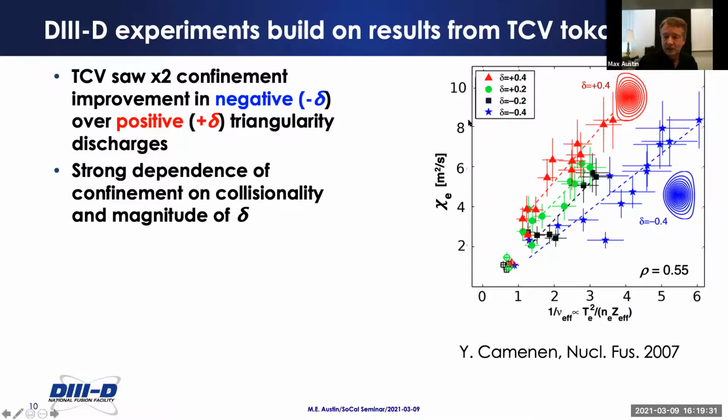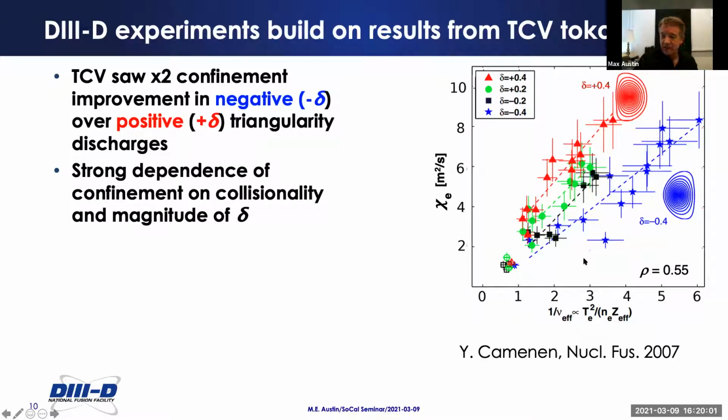And shown here is a plot of diffusivity versus inverse collisionality for a set of discharges where they changed the triangularity from strongly positive values to negative values. They saw roughly a factor of 2 improvement in transport, in confinement, as they moved from positive to negative triangularity.